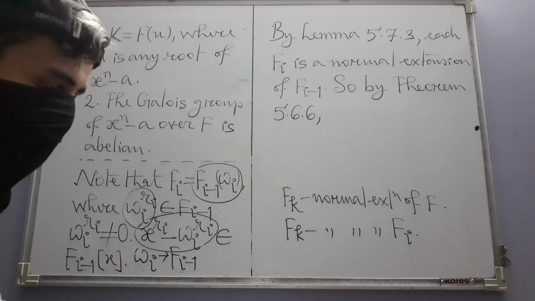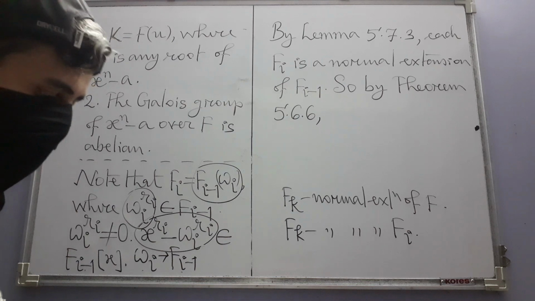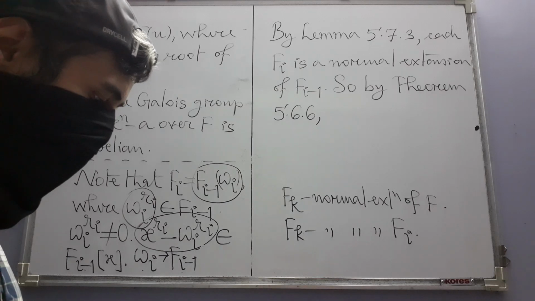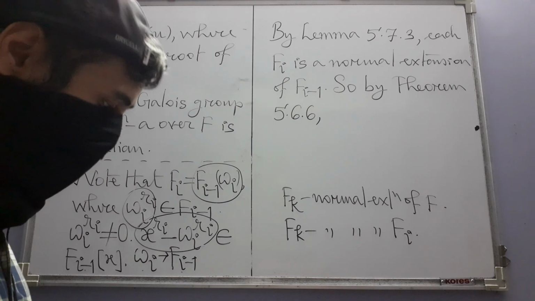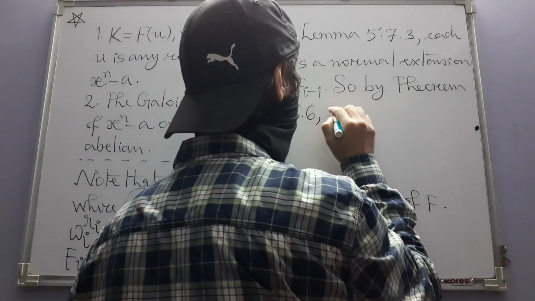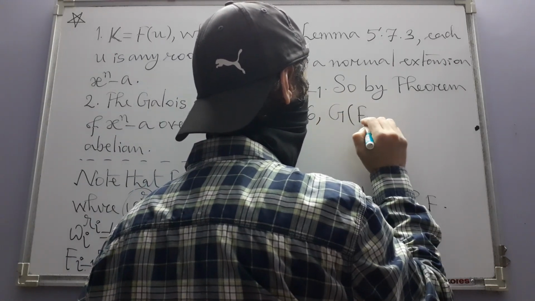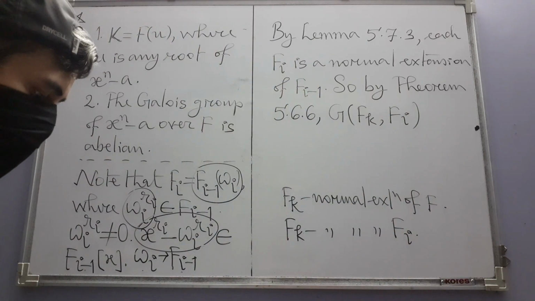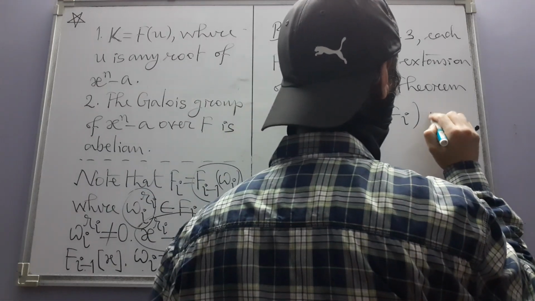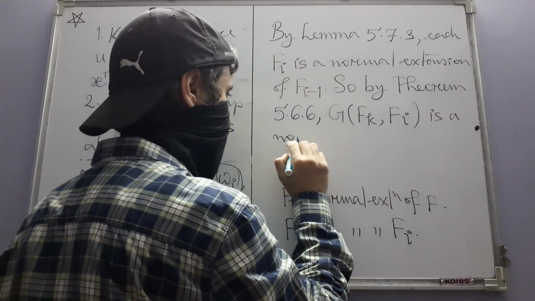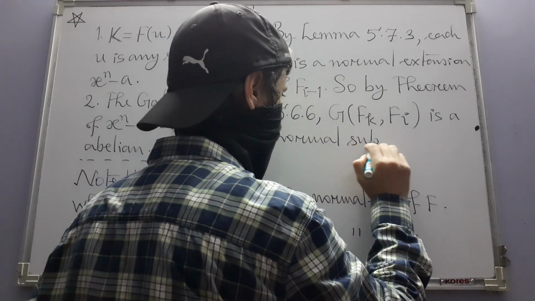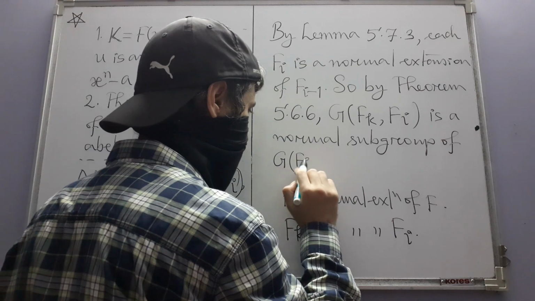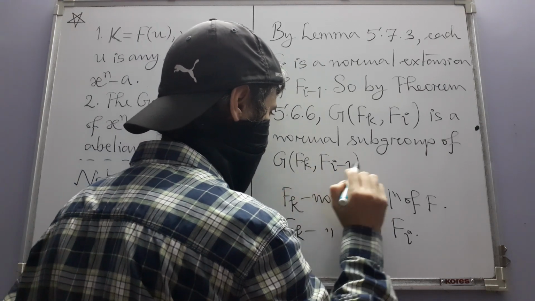You go back and see, there you will see that it directly implies this: that the group of automorphisms of F_k over F_i is a normal subgroup of the group of automorphisms of F_k over F_{i-1}.